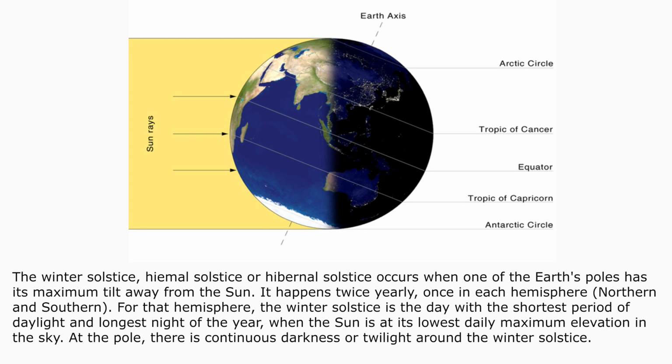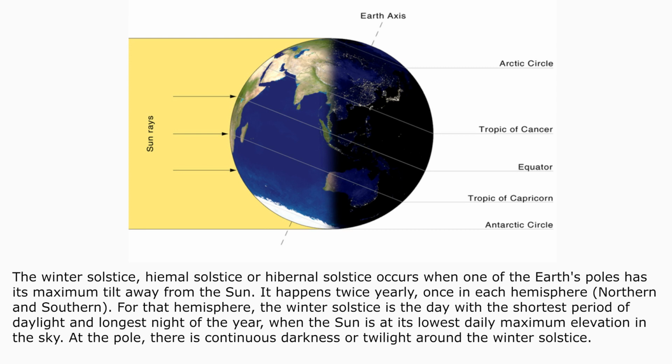For that hemisphere, the winter solstice is the day with the shortest period of daylight and longest night of the year, when the sun is at its lowest daily maximum elevation in the sky.